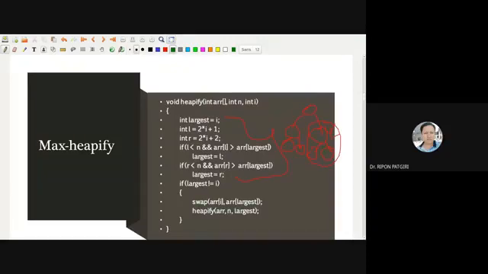The larger one has to move towards its parent, because by the definition of the max heap, the largest one should always be on the parent side. So if we reheapify, this section will no longer remain. So we have to swap first, then we have to move down.